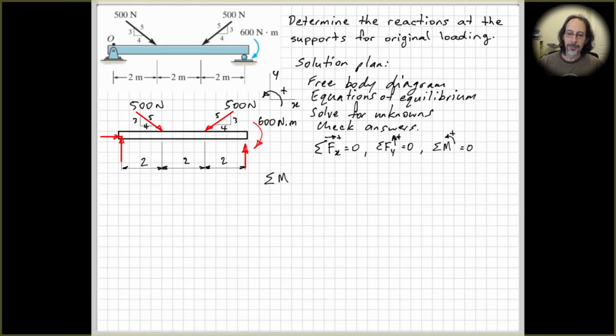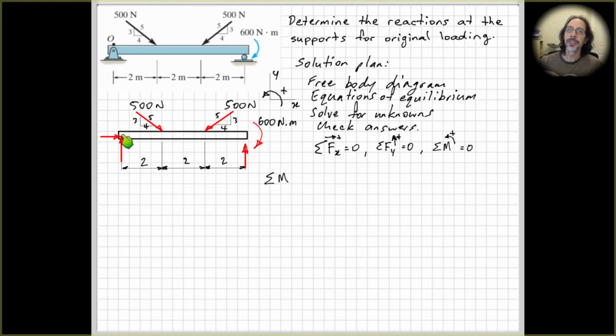So there are three equations that we're going to use. Usually we'll start with a moment equation, because that normally enables us to find one of our unknowns straight away. So we write down the sum of the moments, but now we need to decide where we're going to take moments about. Usually we'll take moments about a point where at least one of our unknowns passes through.